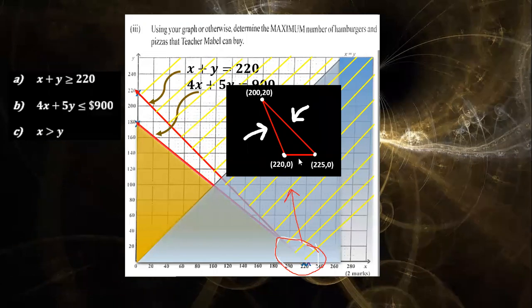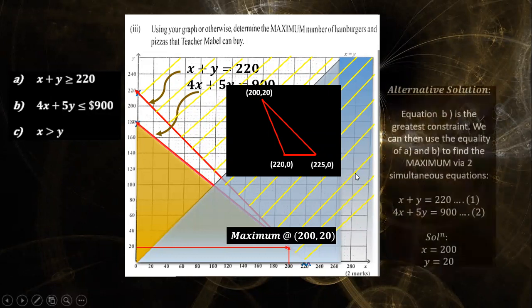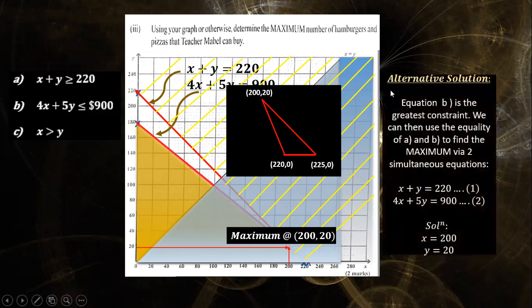And to further examine this, the maximum is going to be 220, and to further bolster this argument, we can look at the alternative solution, right? Because they said using your graph or otherwise. Otherwise could involve equation B, which is the greatest constraint, and we can use the equality of A and B to find the maximum via two simultaneous equations.